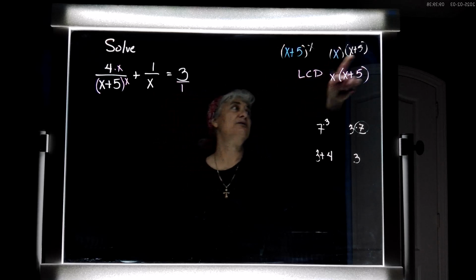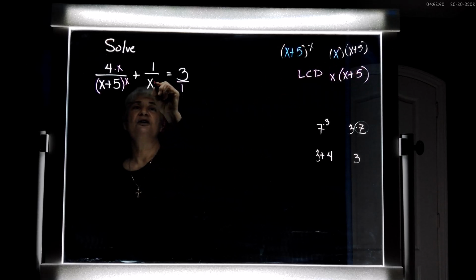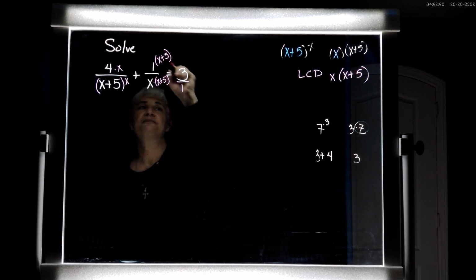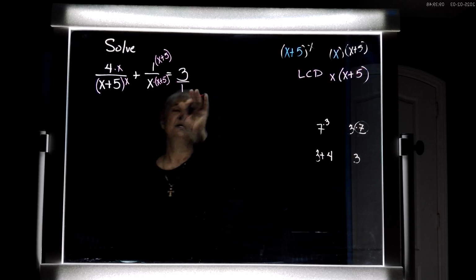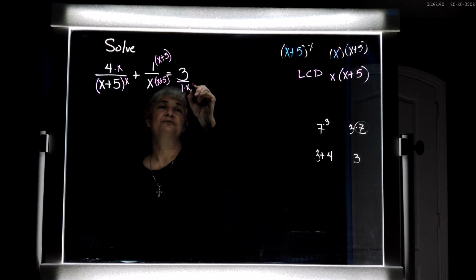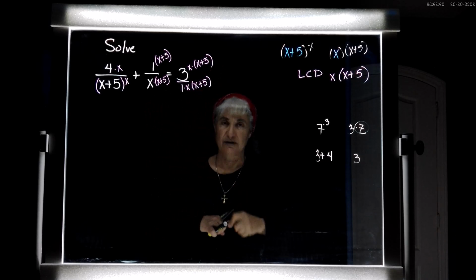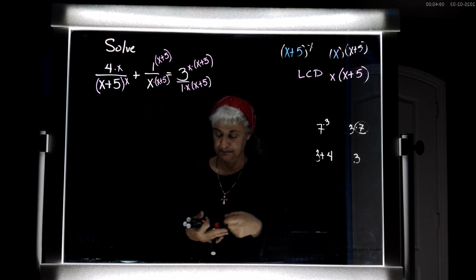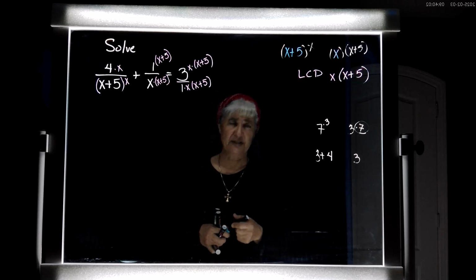The second one was missing the x plus 5, which means I'm going to multiply the denominator by x plus 5, top and bottom. And the third one was missing both of them. So I'm going to multiply the denominator and the numerator by x and x plus 5 on number 3. Good? Okay.